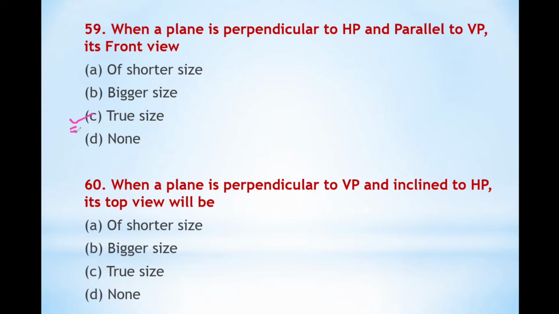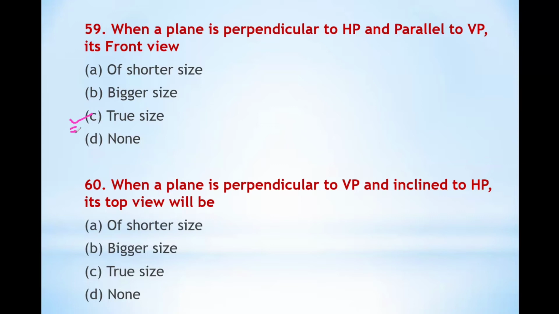Then next, 60: when a plane is perpendicular to VP and inclined to HP, then its top view will be. In this case, the plane is perpendicular to the VP, and it is also inclined with the HP.